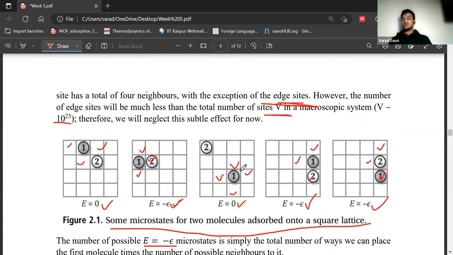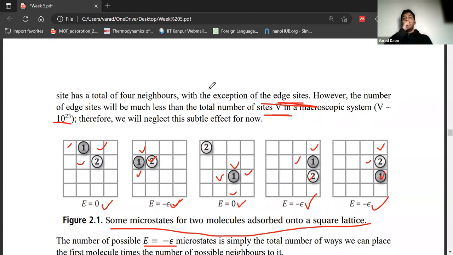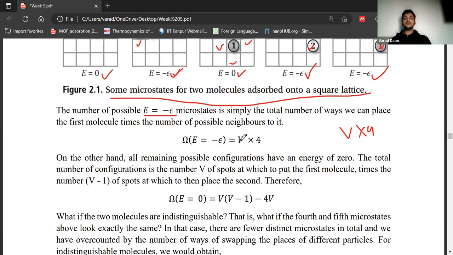So the total number of ways of putting the first molecule is nothing but the total number of sites, because the number of lattice sites is very high. That is V multiplied by, for each molecule put, four other options. So this is our option. This is the answer to the first question, right?